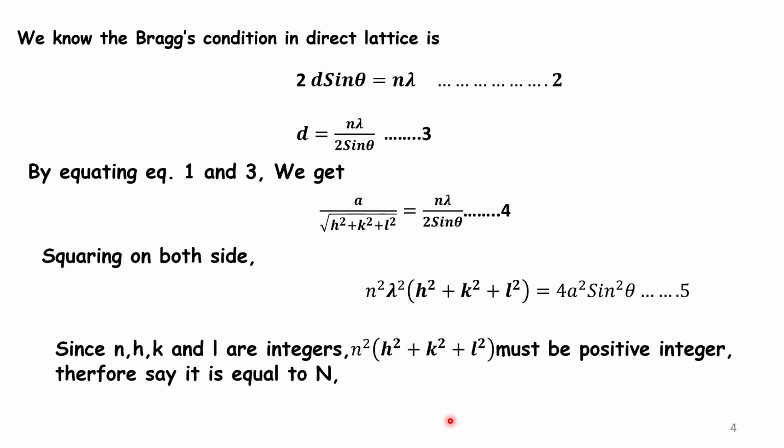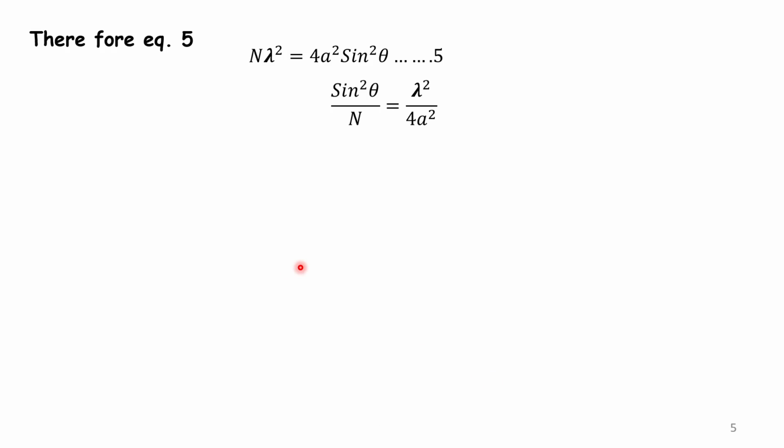Say this positive integer is equal to N. So we can write n square in bracket h square plus k square plus l square is equal to N. Therefore, equation number 5 becomes N into lambda square is equal to 4a square sin square theta.